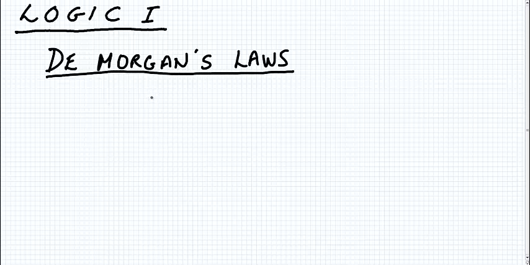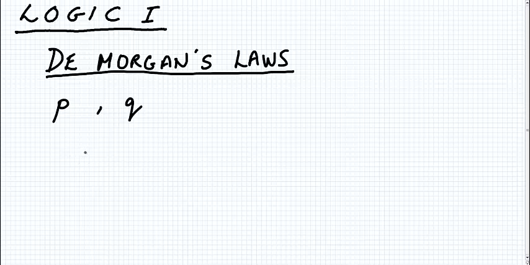Okay, so for De Morgan's laws we're going to consider propositions. So let's say that we have two propositions, P and Q. And we're going to form a Boolean expression using those logical operators and incorporating the propositions P and Q. So the first expression I'm going to look at is the following.